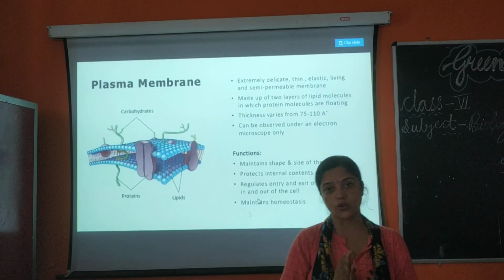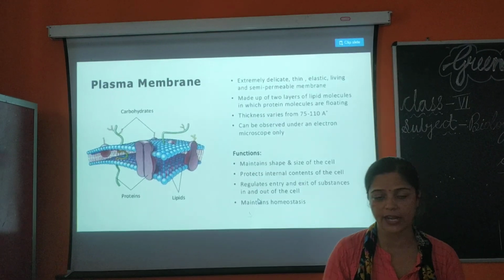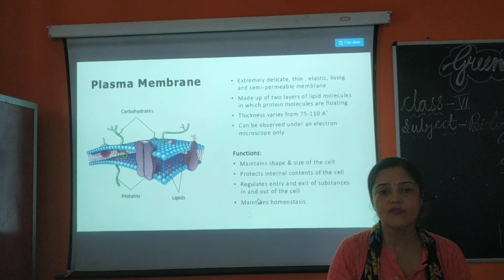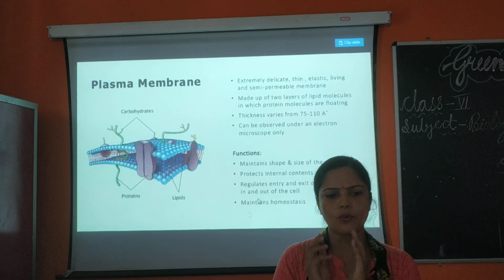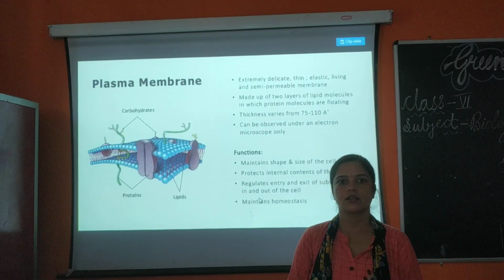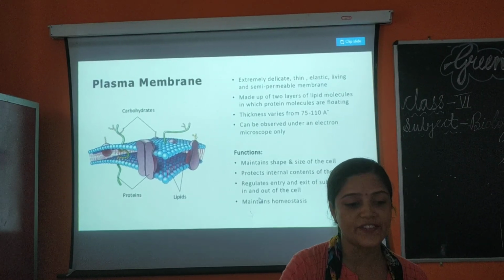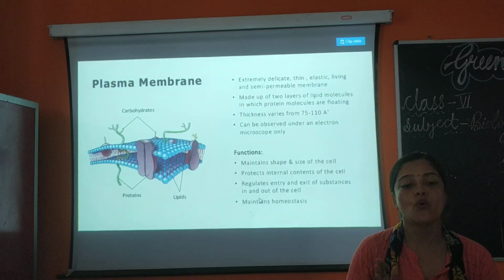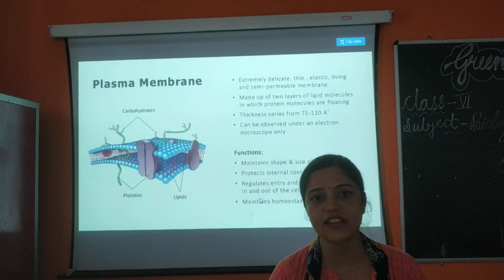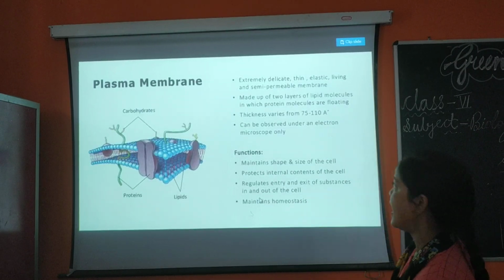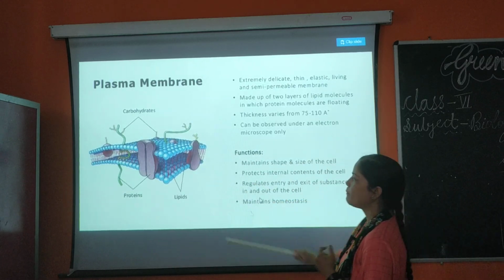If I ask you why the plasma membrane is called a selectively permeable membrane, you can say that the pores of the plasma membrane allow the entry and the exit of only selected substances, so it is called a selectively permeable membrane. And as you can see here, a picture of a plasma membrane.